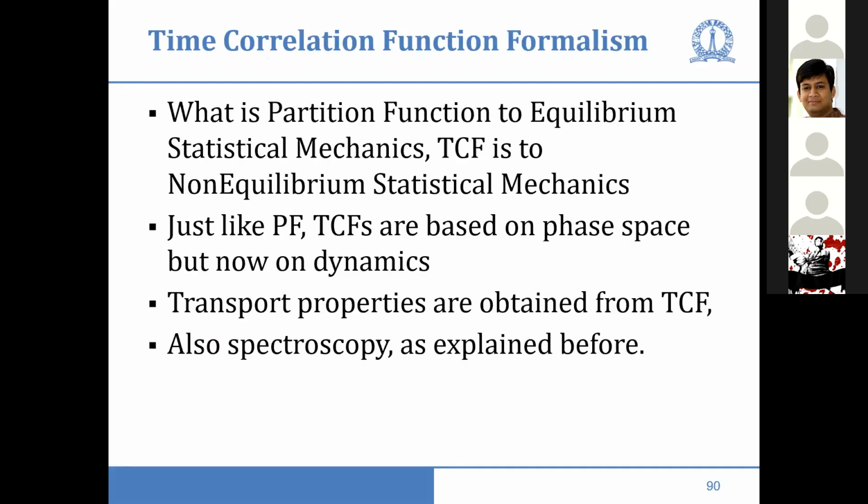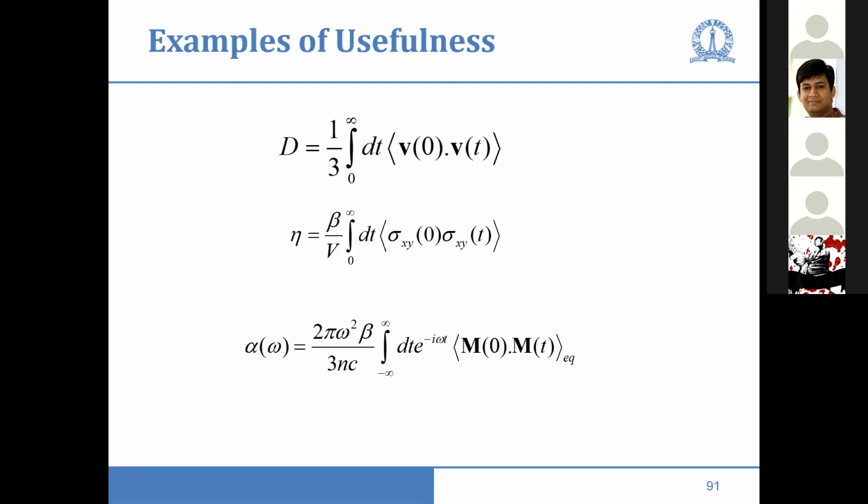As I remarked, the partition function is equilibrium statistical mechanics, while time correlation functions are not equilibrium stat mech. They are both based on phase space, and in equilibrium, because of Gibbs' ensemble picture, we don't have to go through dynamics; we directly go to the ensemble average, which then leads to the partition function. I have discussed these again and again.